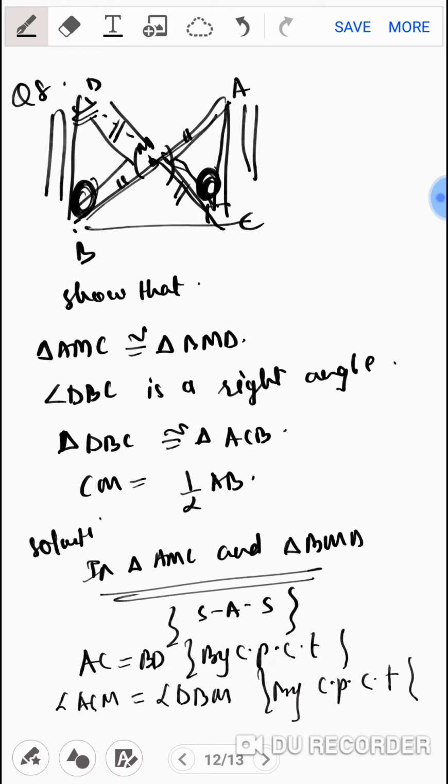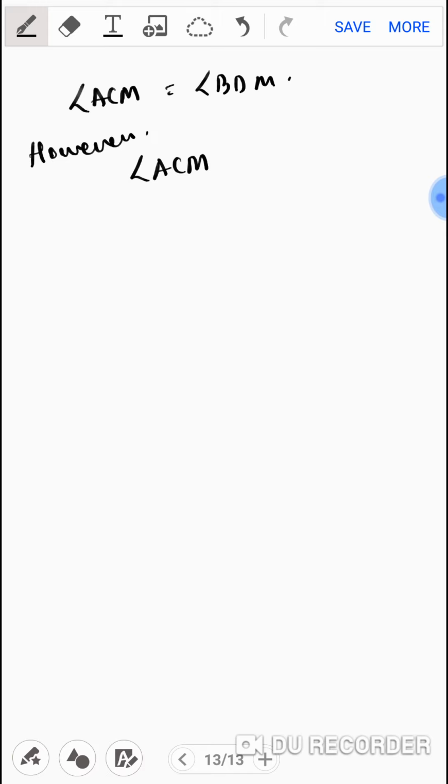Wait, I'll check what I have taken here. DBM, I'll take BDM, not this and this. I'll take ACM and this and this, BDM. So once I take ACM is equal to BDM, if you notice they are alternate also.